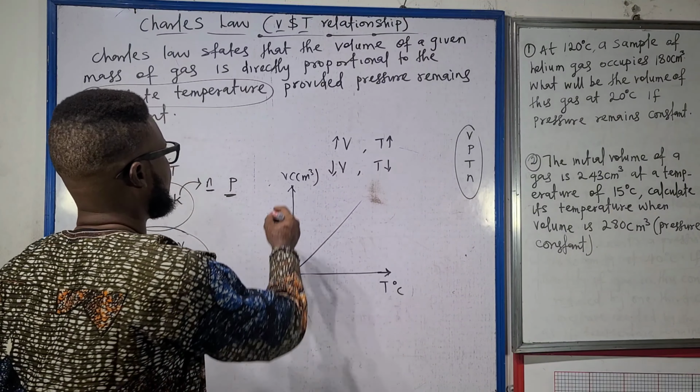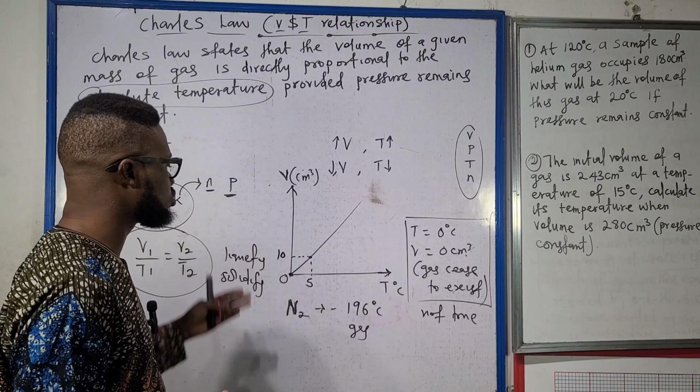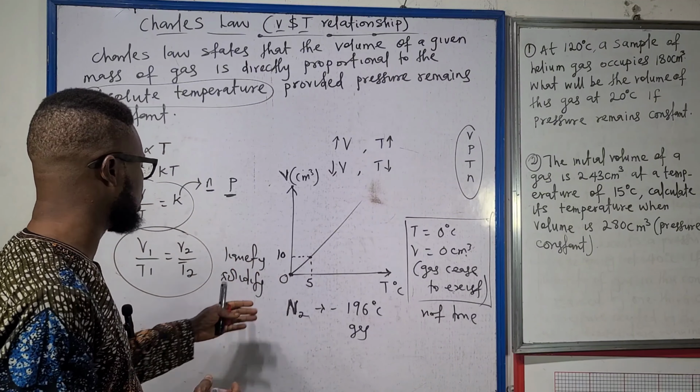So usually when we talk about direct proportion, this is supposed to be the graph, but this is not true because even at 0 degrees Celsius, a gas is found to still exist as a gas, and at that point, it is not going to liquefy or solidify.